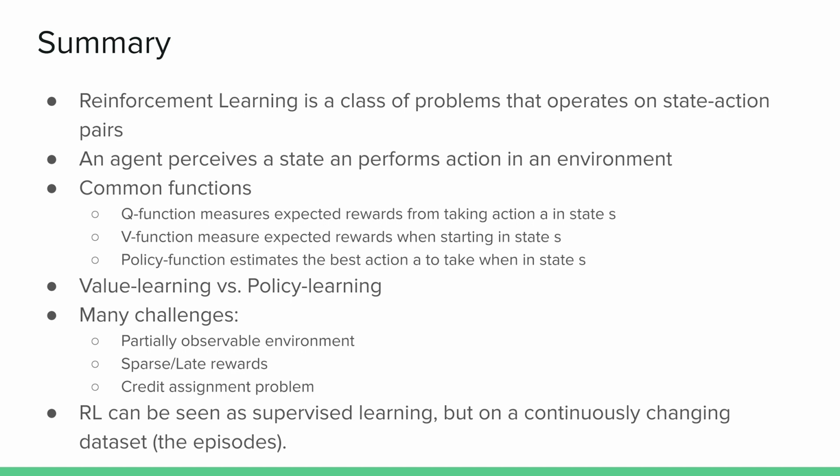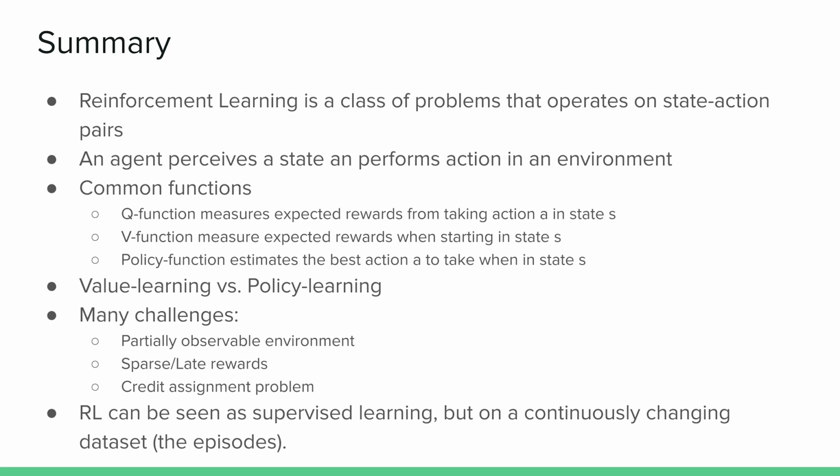Summing up, reinforcement learning is a class of problems that operates on this state-action pairs that we've seen, where we have an agent in our environment and we perform an action in that environment, and then we can observe how the state of that environment has changed.